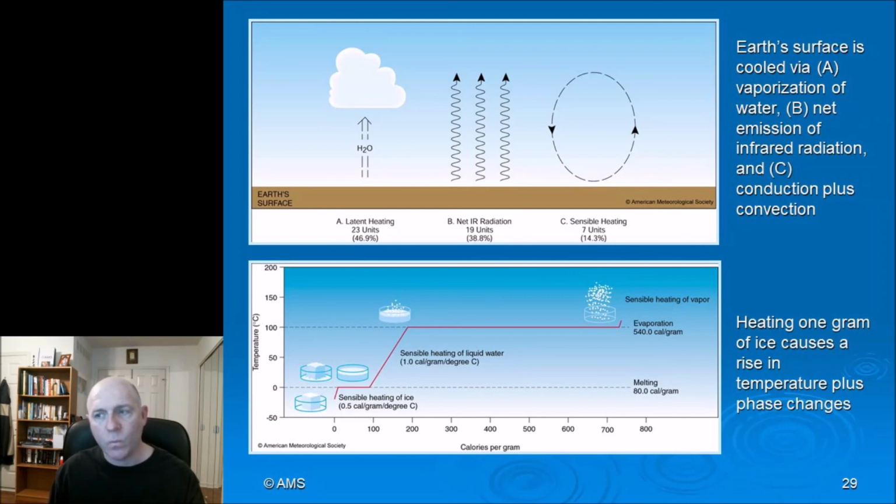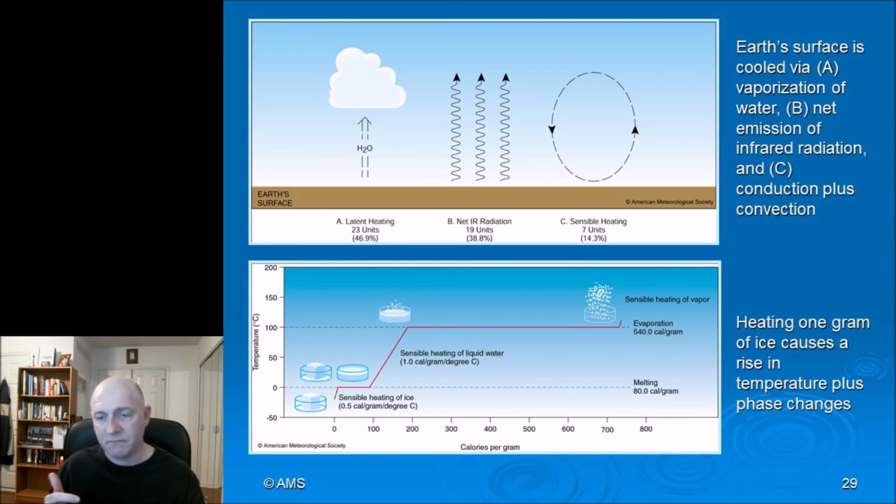And then remembering how much energy it does take to change the phase of water from a liquid to a gas, or from a liquid to a solid, removing energy. To emphasize the point that we had before, you can increase the temperature by adding heat to water.